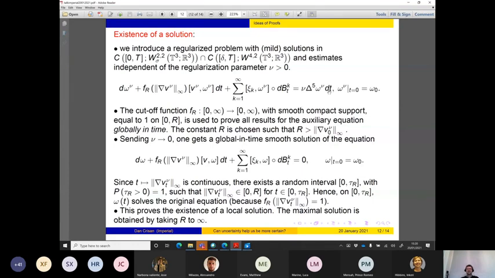Normally, just adding a Laplacian makes the solution very nice and very well behaved. Well, it turns out that, at least using the tools that we developed for the paper, we had to go much higher than just the Laplacian. We had to use a super viscosity term, delta to the power 5. Then you have a solution of that. Then you take this viscosity parameter to 0, and get the solution.